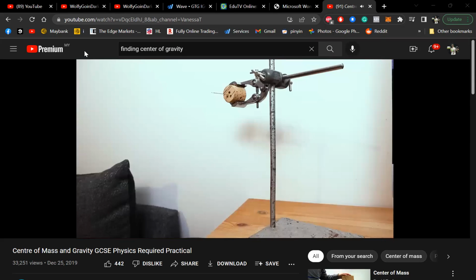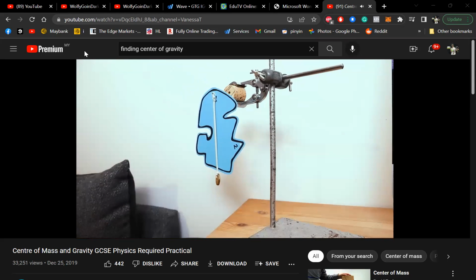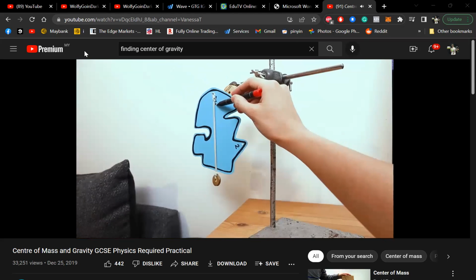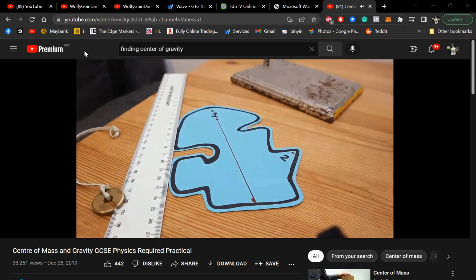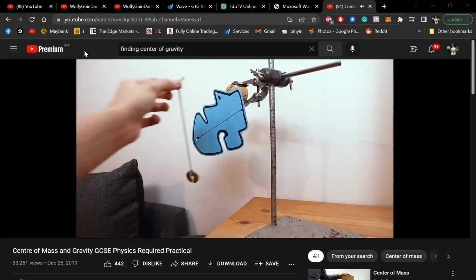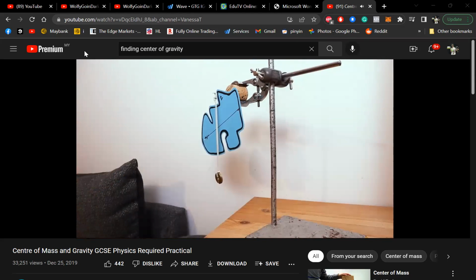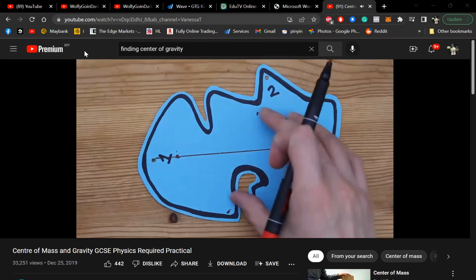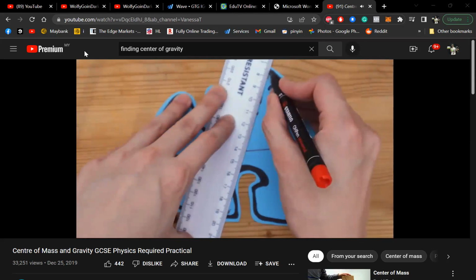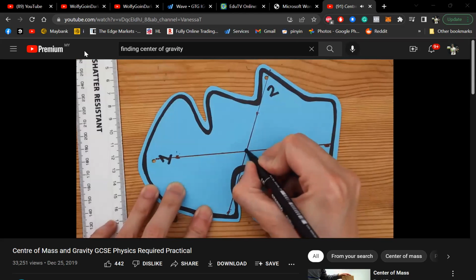Hang it up by the first point of suspension. Hang the plumb line in front of it. Mark 2 points along this line and then join the points together. Hang the shape up by the second point of suspension and repeat what we've done before. Where the two lines intersect, that's the center of gravity.